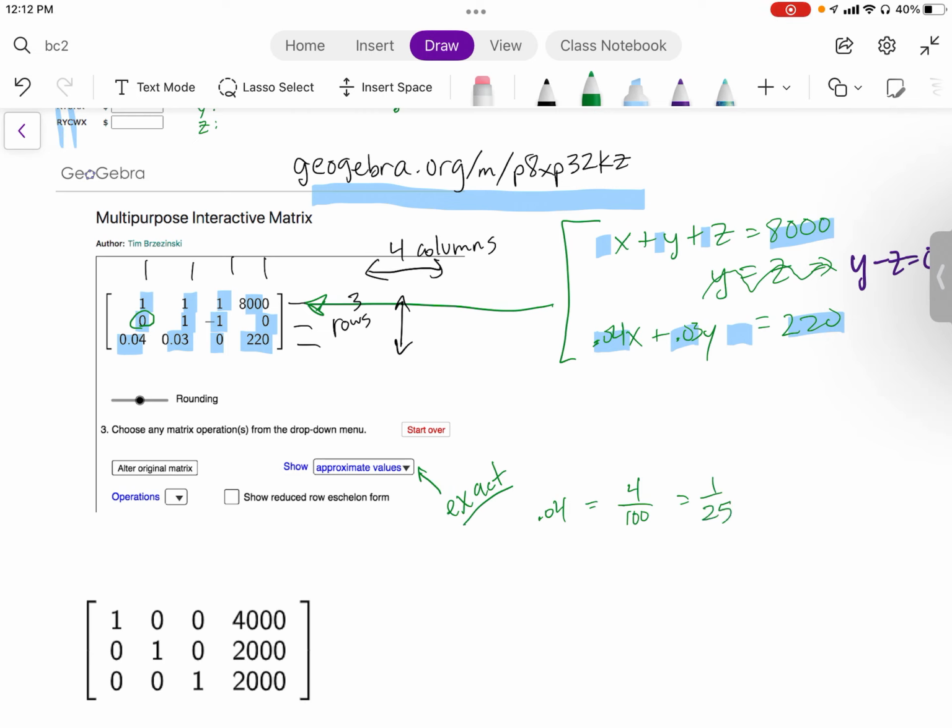I didn't really like all those fractions in there, so I just left it as approximate. And also, we're dealing with money here, right? The amount invested. 1/25th, I didn't want my answers looking like that. So I changed it to approximate. Again, usually we do want exact, but in word problems, probably not.